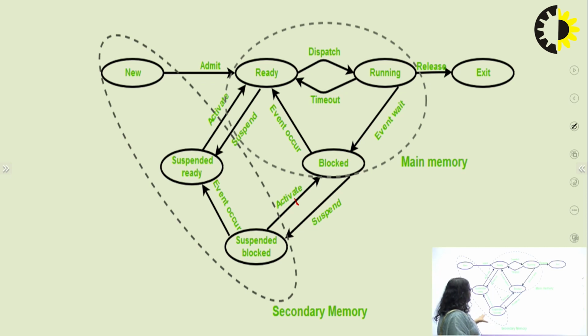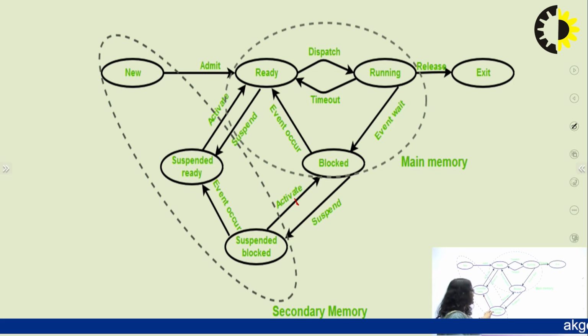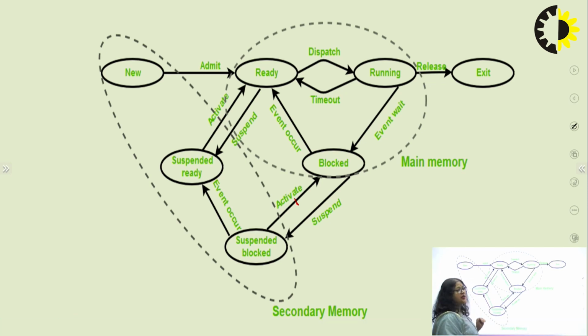This is the important point: how we move from the suspended block to the suspended ready, because sometimes the process waits a long time for the processor, but the processor is not assigned. This is the backend process, moving from the suspended block to the suspended ready, and at this state the process can easily go to the ready state.